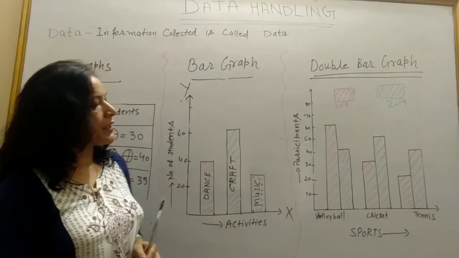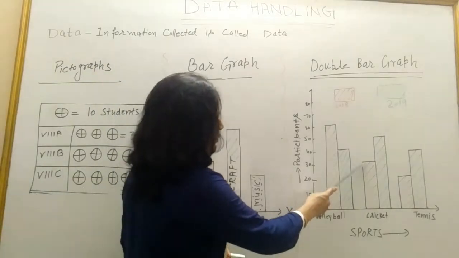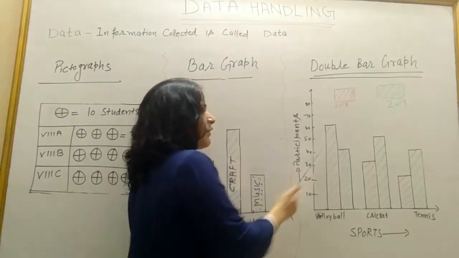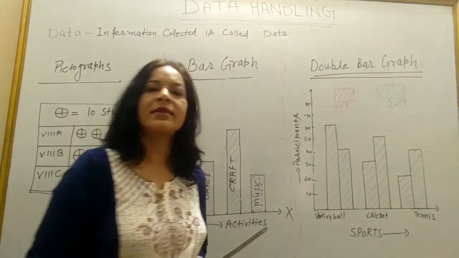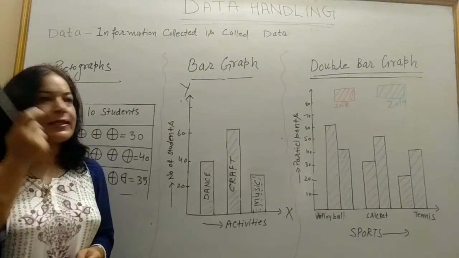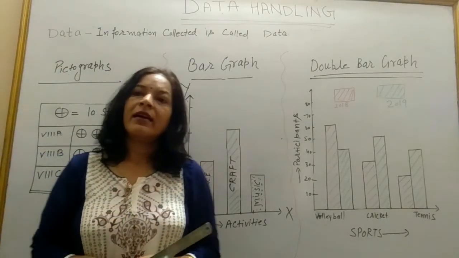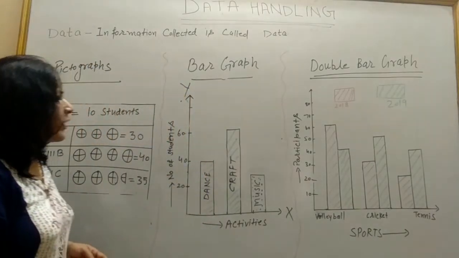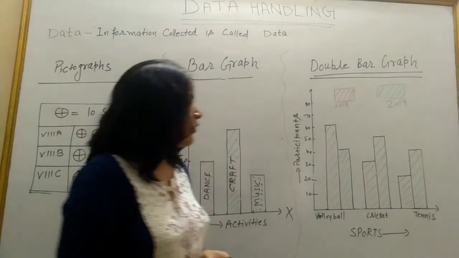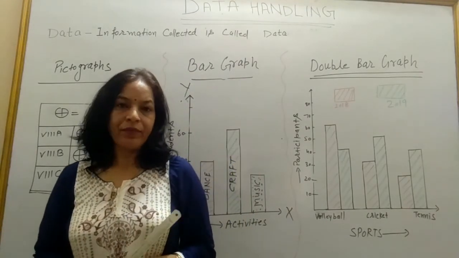So how many students increased in 2019 in cricket? In 2018 the number of students was 30, but in 2019 it was 50, so 50 minus 30, 20 students increased. So in this way, by having a look at the graph, you can easily tell the comparison or easily read the information. And next, I'll tell you how to organize data.